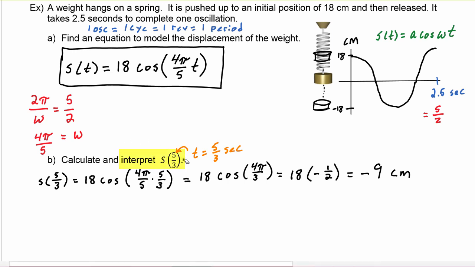Now when they're asking you to interpret what that means, they're asking you to write a sentence. And so we would say that the weight is 9 centimeters below equilibrium.